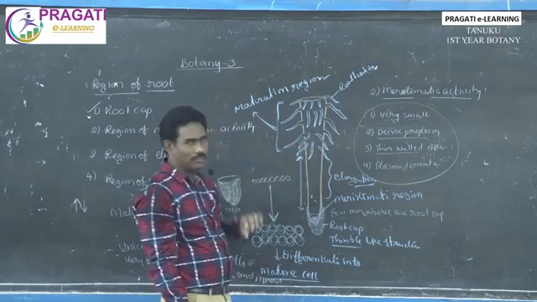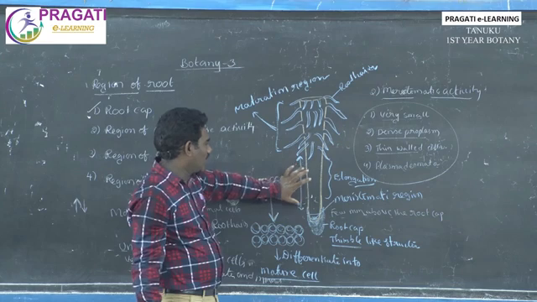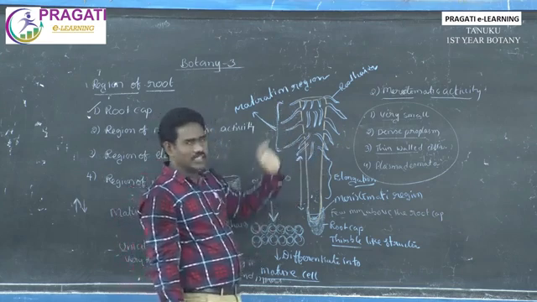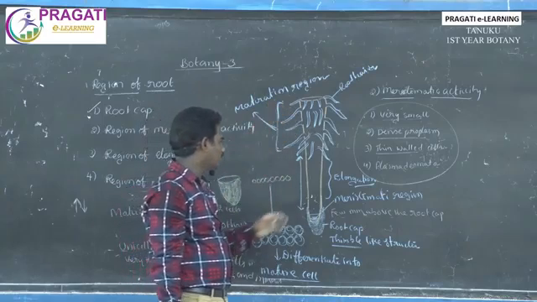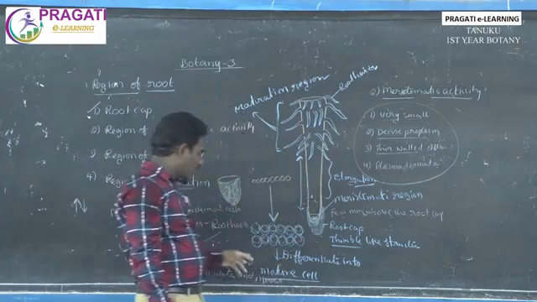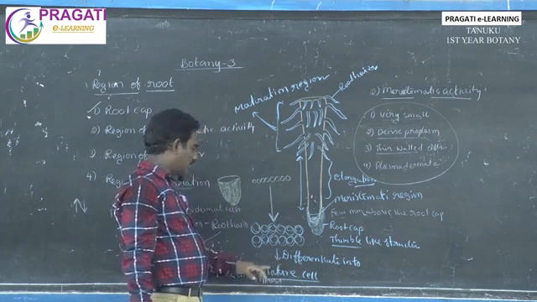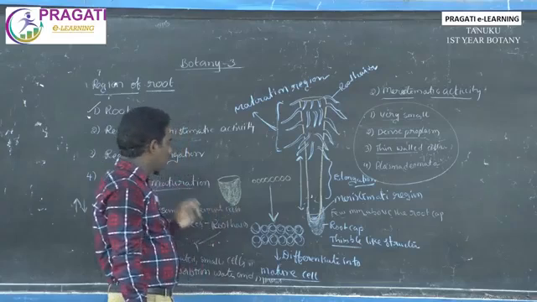Above the elongation region, there is the maturation region. The maturation region cells differentiate into mature cells, permanent tissues that cannot divide. It produces some root hairs and epidermal cells.